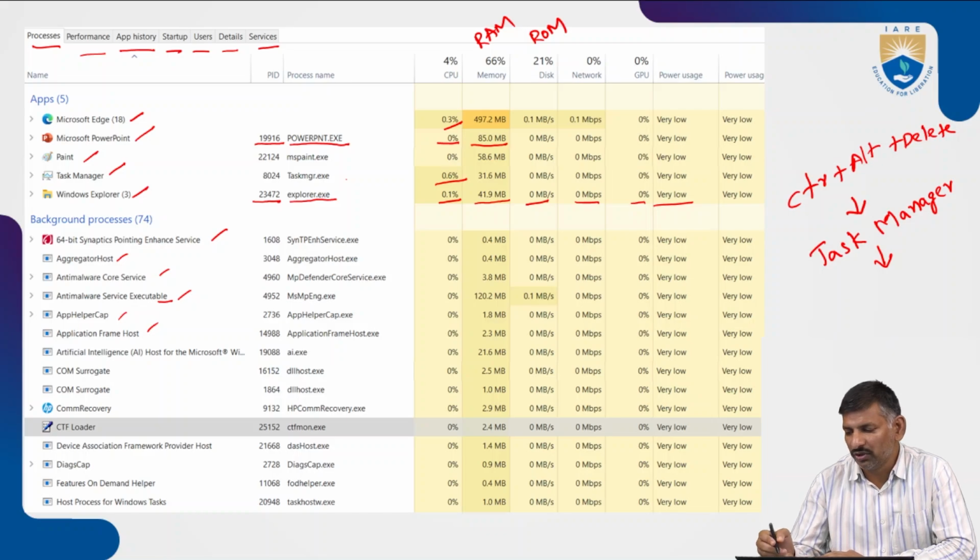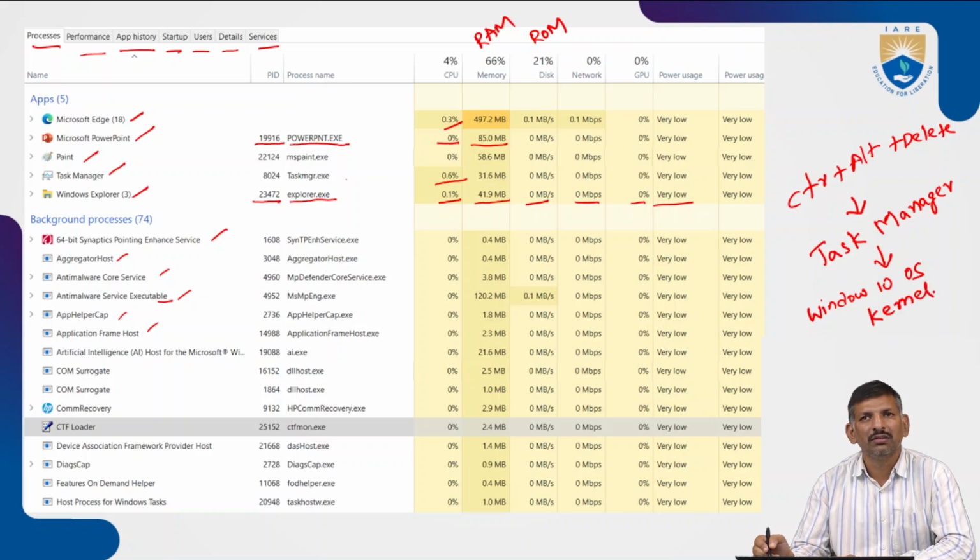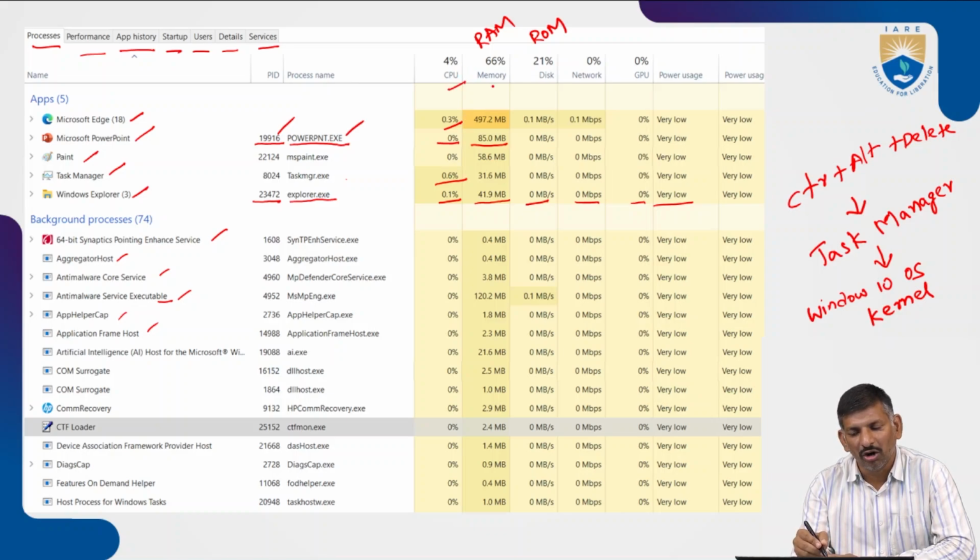Here we are following the Windows 10 operating system. It contains a kernel, and this kernel follows different scheduling algorithms. Based on that, it assigns process IDs. This is the process name. How much percentage of the CPU is being utilized? How much RAM is being utilized?